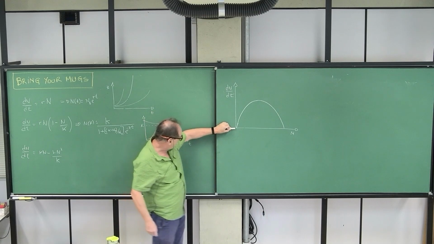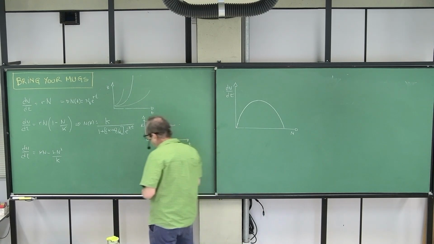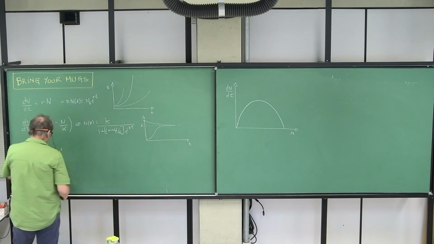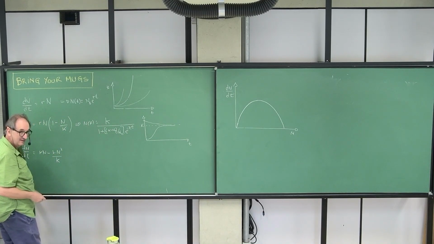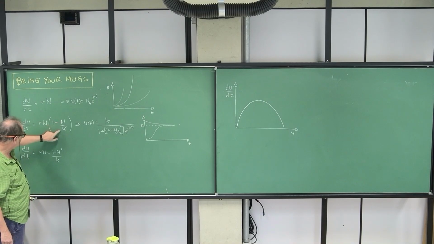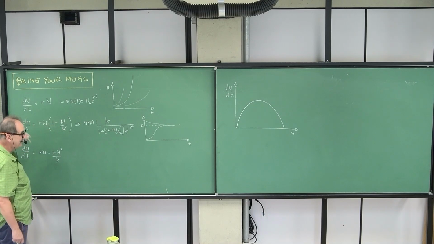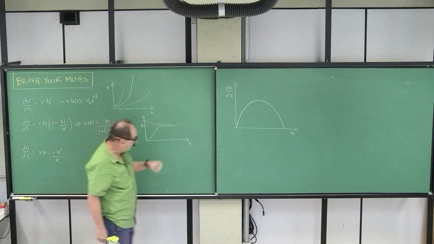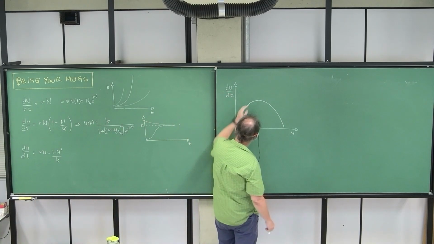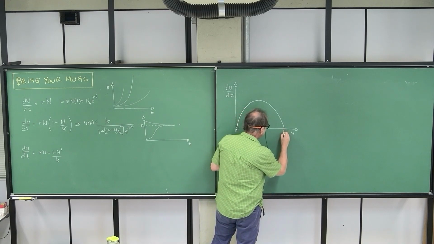So one point is 0, right? And the other point is n equal to k. You can see it from here, it's easier. So n is equal to k, this is 1, 1 minus 1 is 0. Therefore, dn dt is 0. So the point where this parabola crosses this axis here is k.